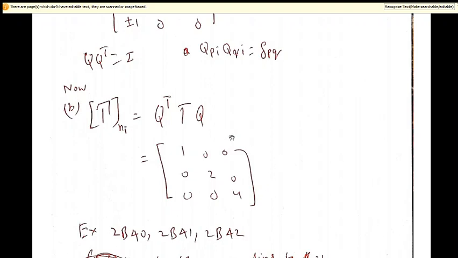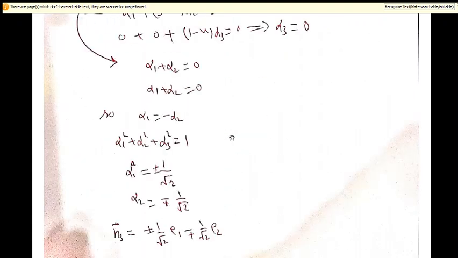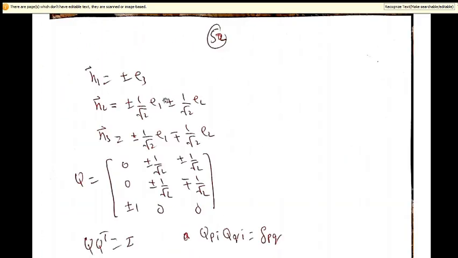You can write it directly or with the help of this Q, which relates N1, N2, N3 with E1, E2 and E3.